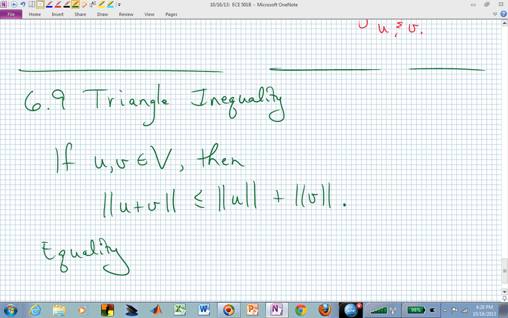If we wanted to have equality, then what we need, wow, I don't know what happened there. We have equality if and only if u and v are non-negative scalar multiples.